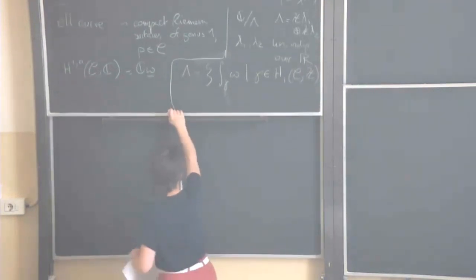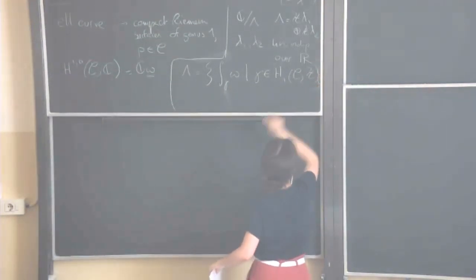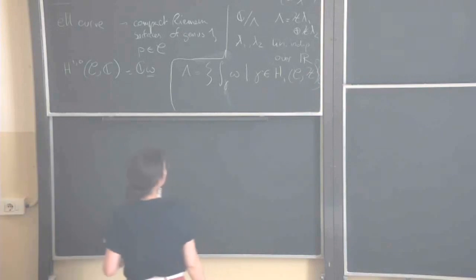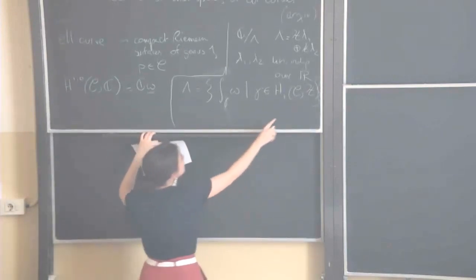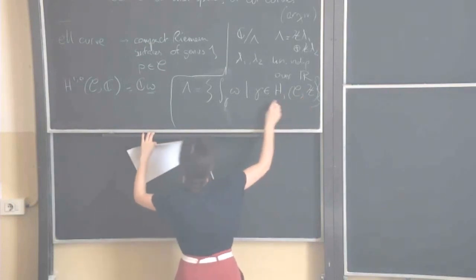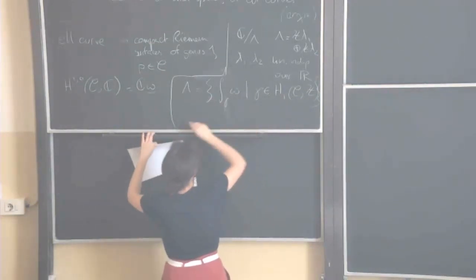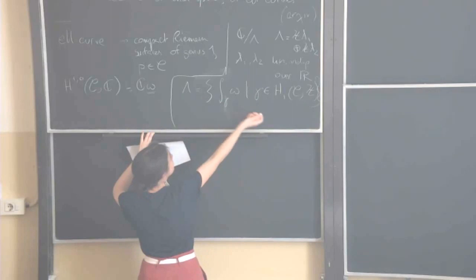And this is a lattice, because this is over Z, so it has dimension 2, and we take a basis of it. Let's call it σ1 and σ2.